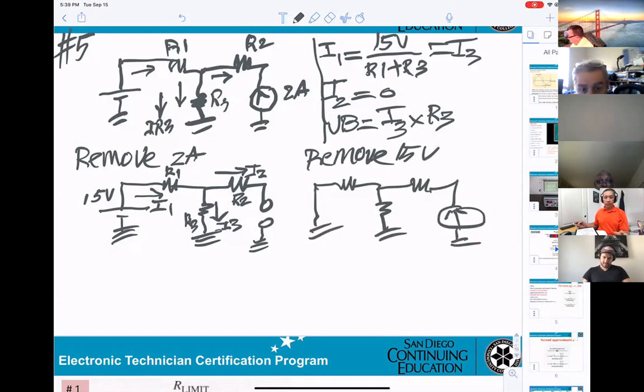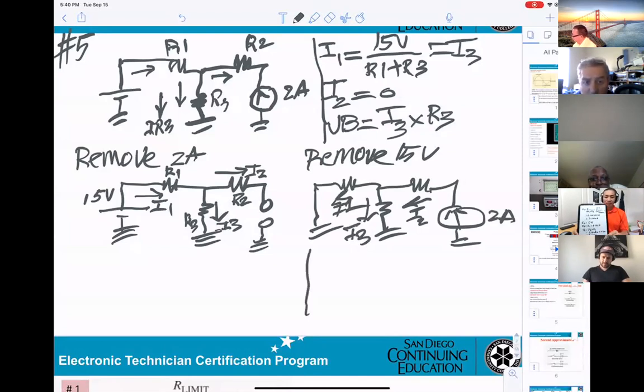This current will be I2, and this current will be I3, and the current here, I1, that will be 2 amp. So that's easy for you to recognize.